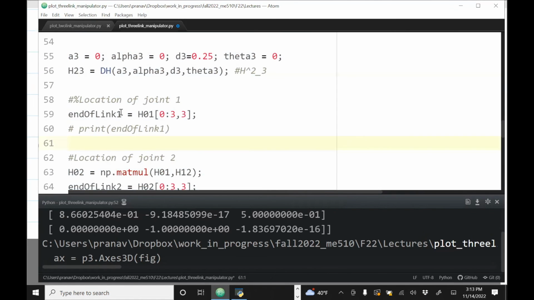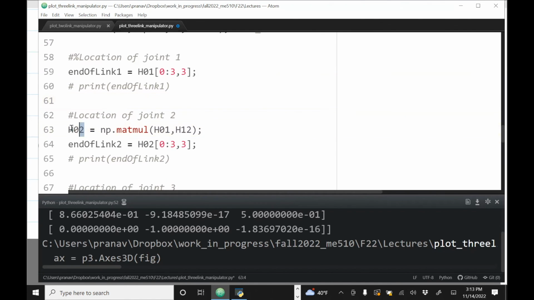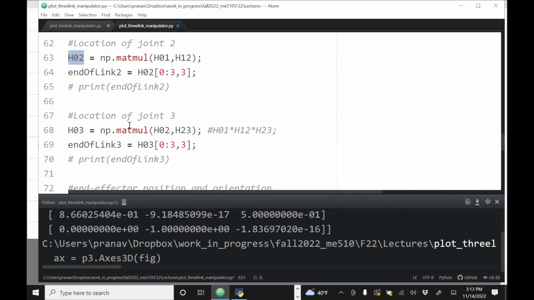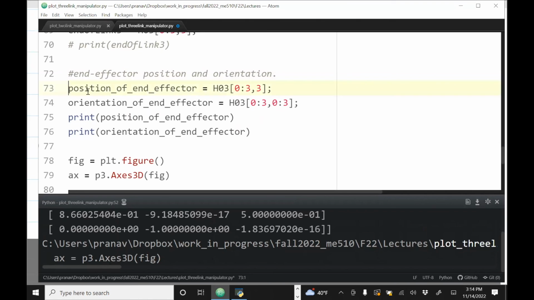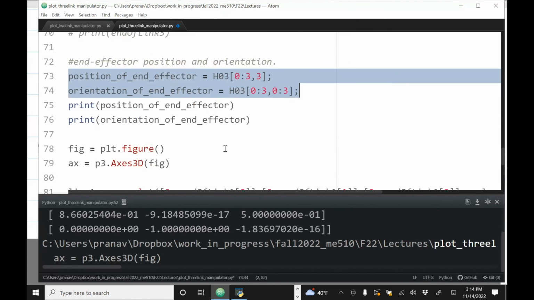Okay, so end of link 1 is H01, the first, second, third row of the 4th column. End of link 2, I need to compute H02, which I've computed here, H01 times H12. Again, the first 3 rows of the 4th column. End of link 3, H03. And this also gives you the position and orientation of the end effector if you need it.